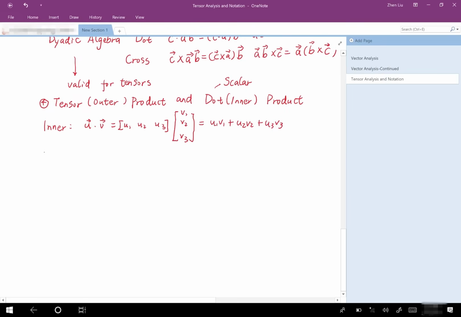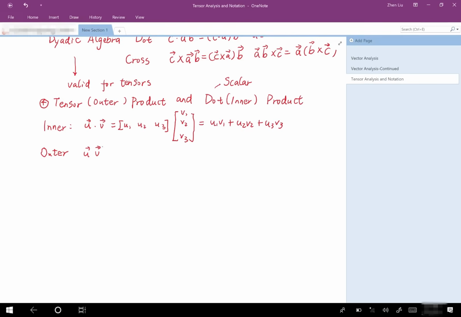But for the outer product, what does it look like? Could you guys make a guess? What's the outer product of U and V? Take a look at what we just did for defining a tensor at the very beginning by putting two vectors together.